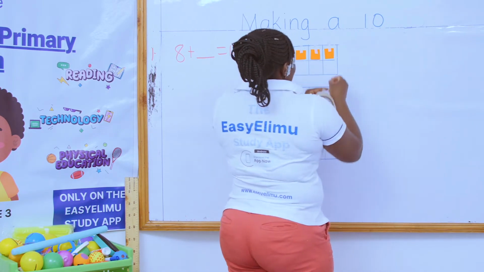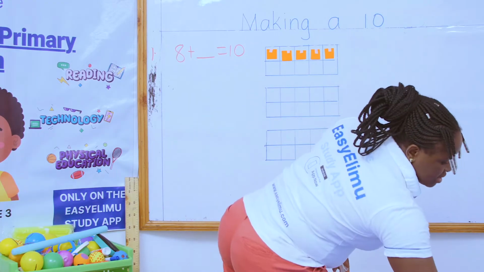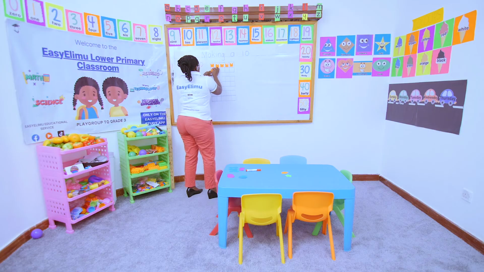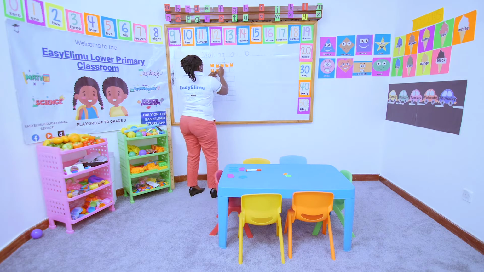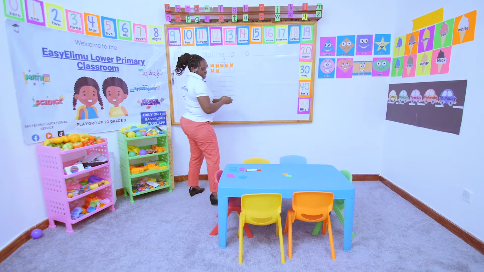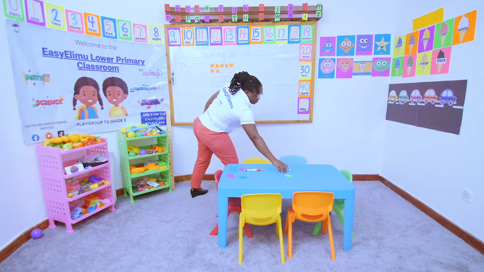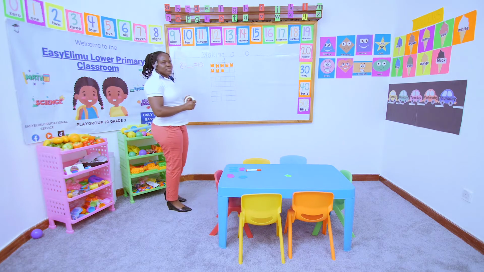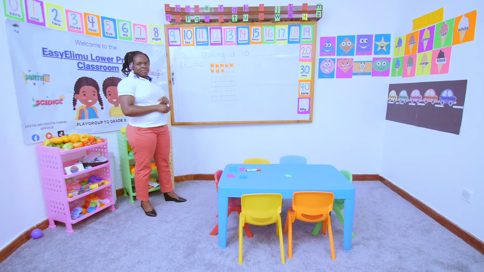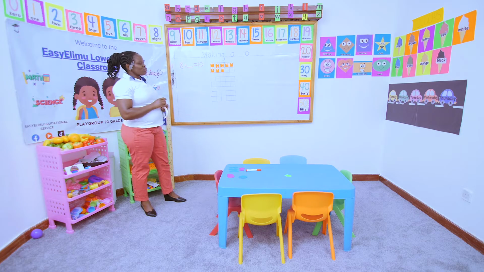That is number 5, 6, 7, 8. And now I'm asking myself, how many do I need to add to these 8 counters to make a 10?